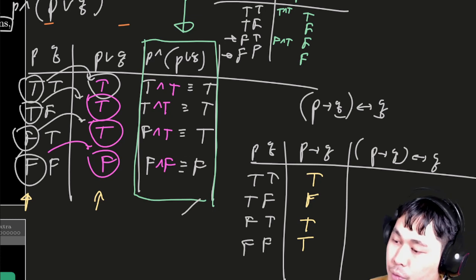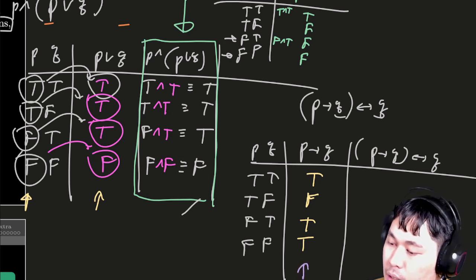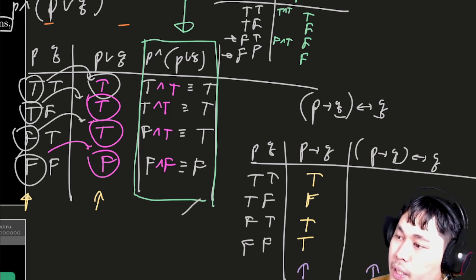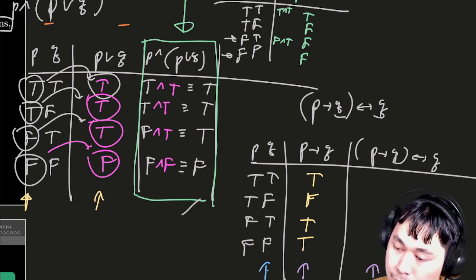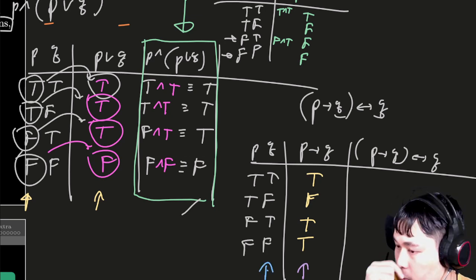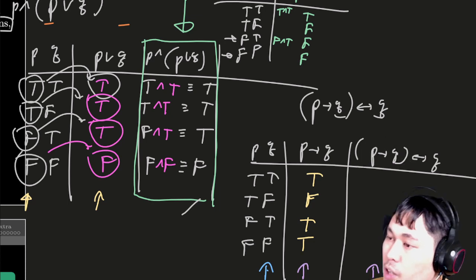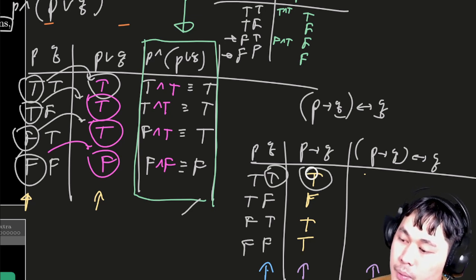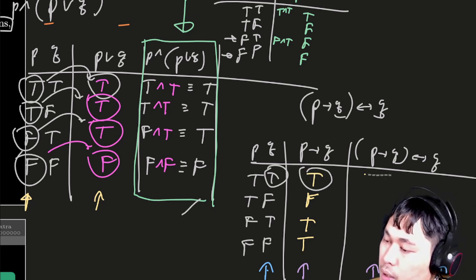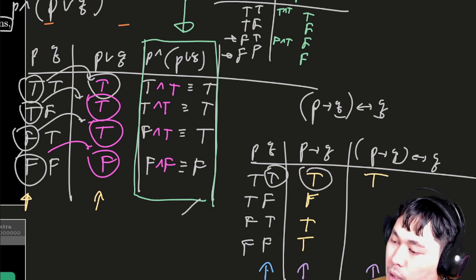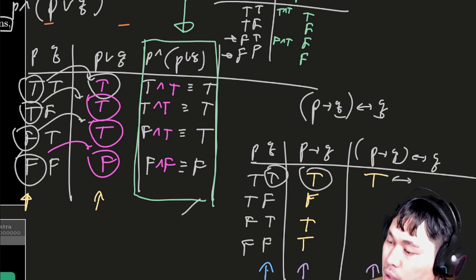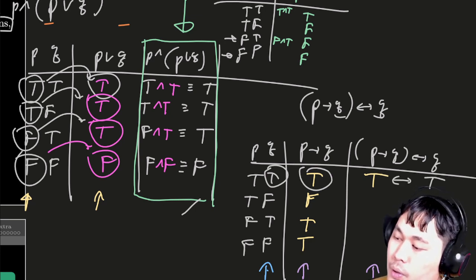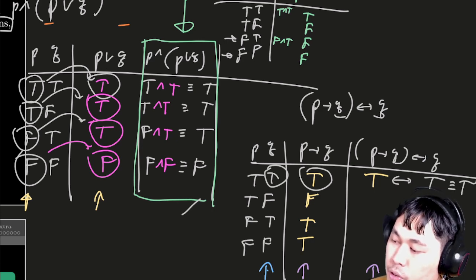And so what we do is we compare the third column to the second column, which is for Q. So for the first row, we are operating P then Q and Q. P then Q is true in the first row, and Q is true in the first row as well. So the result is true.